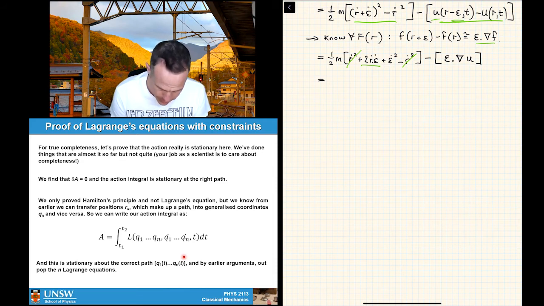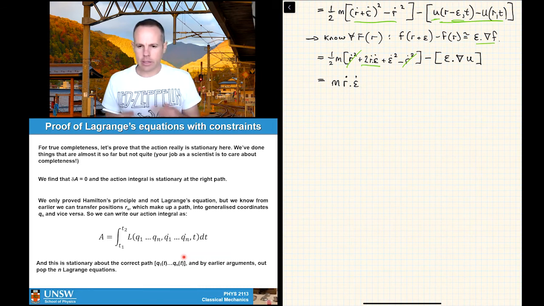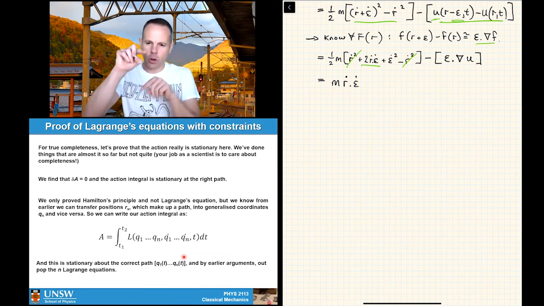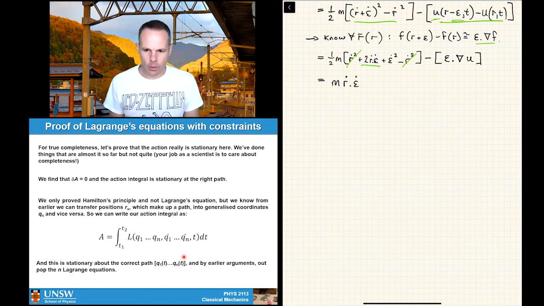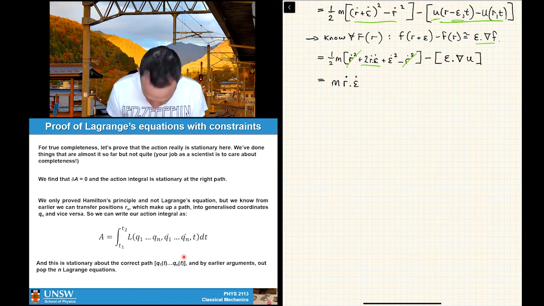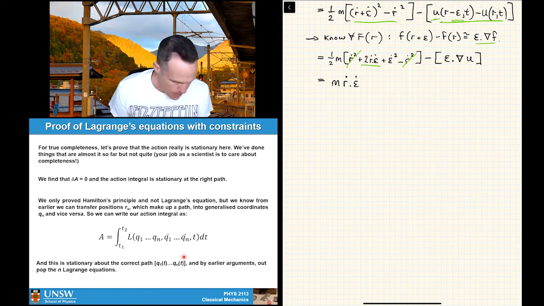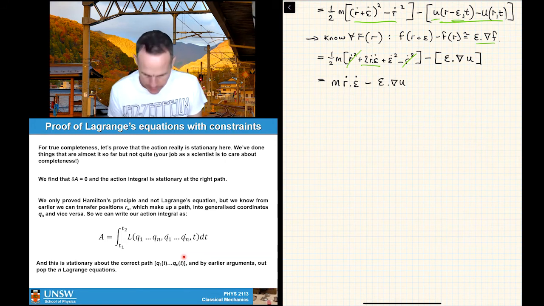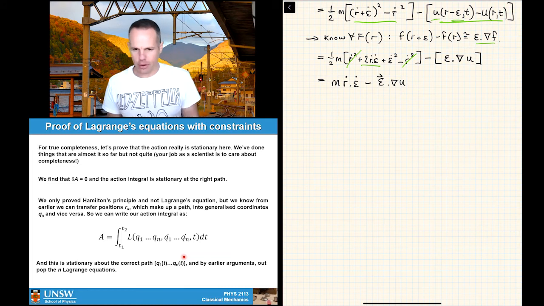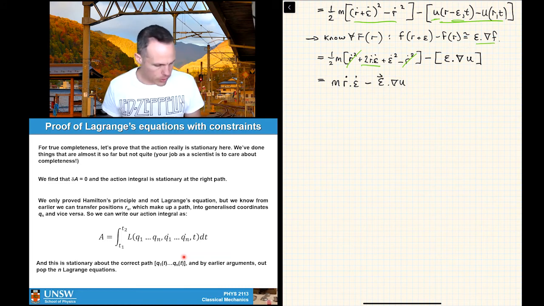The two will cancel out the half, so this will be m r dot epsilon dot, minus epsilon dot grad u. This is one of those skills: you can't put dots and vector signs on everything because it all goes crazy, so sometimes you've got to know what's going on by context. I could put a vector sign on top if I wanted, but I know what's going on, so it's not a big problem.